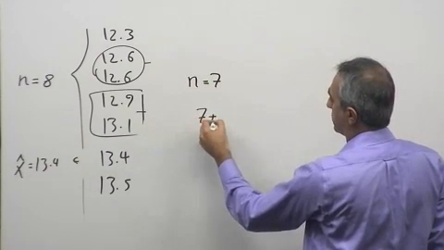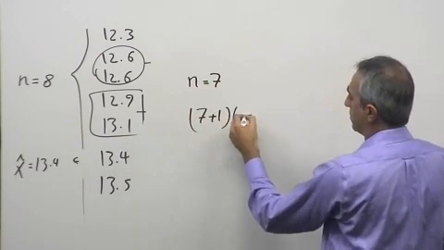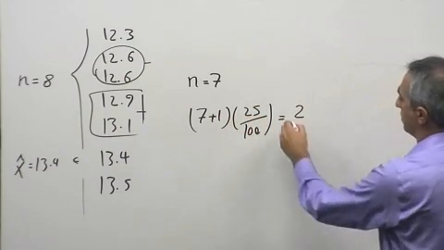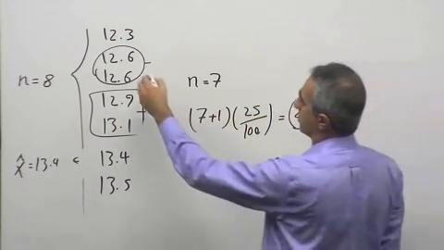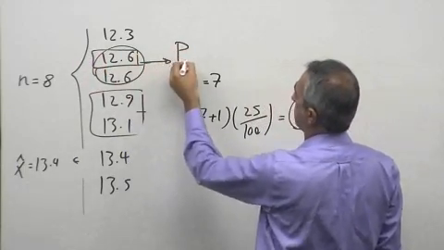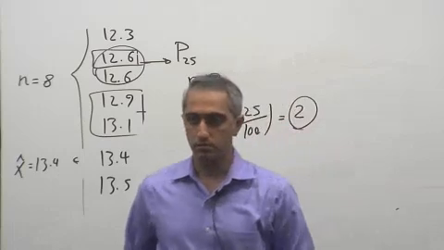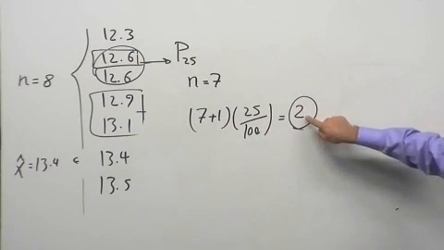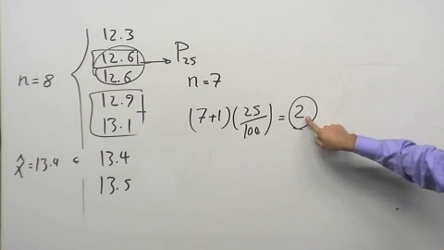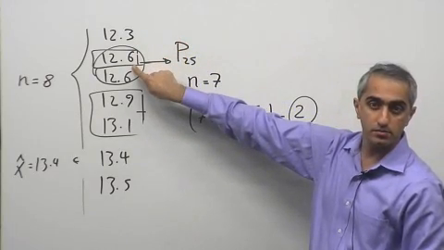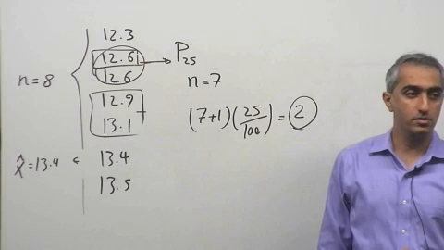So 7 plus 1 times 25 divided by 100. It's second. That's an integer, so it's going to be this guy. So this guy is the 25th percentile. So this is the rank. It means the second data point after sorting them. So that's the first, that's the second. Does it make sense? Any questions?